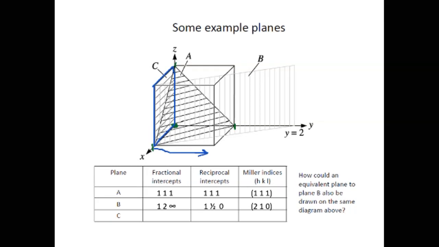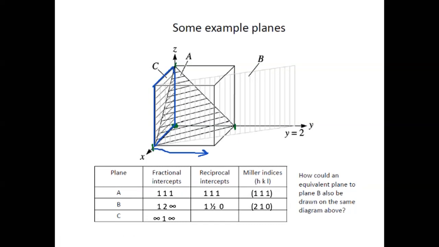Again, the reason we're translating it is because it crosses the origin. So we're going to move it 1 unit in the positive direction to see what axes it crosses. When you move it 1 unit in the positive direction, you see that it only crosses the y-axis. It will never cross the x and z axes. From that, we get the fractional intercepts of infinity, 1, and infinity.